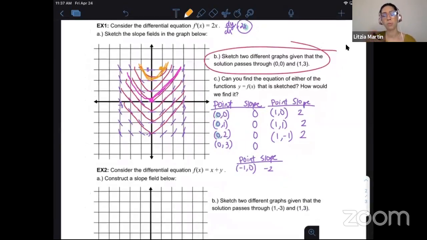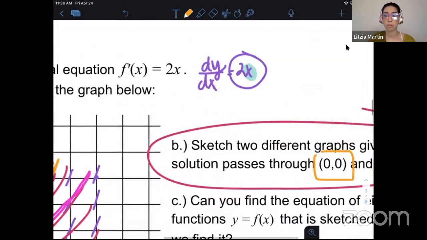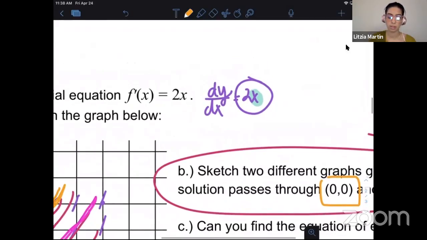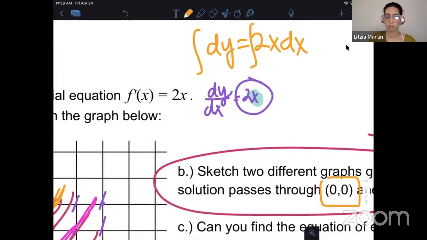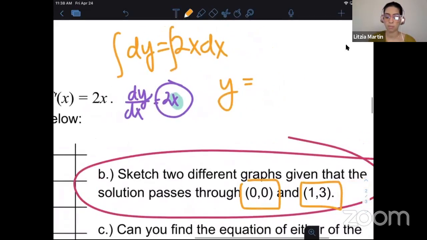With this example, what we just did was we were given two different solution points, right? This should remind you of what happens when we find the solution using separation of variables. When we take dy over dx and separate it, and then integrate it, we would get y equals x squared plus c.